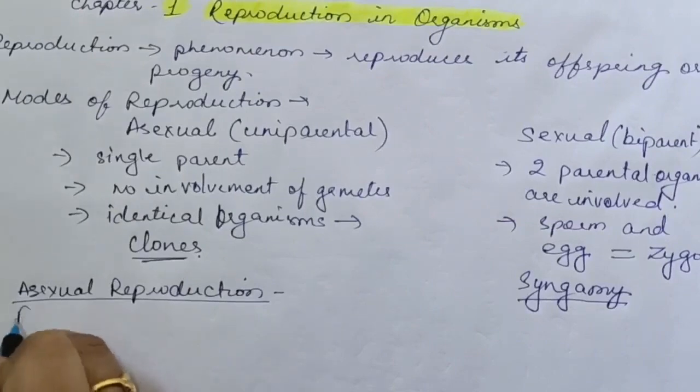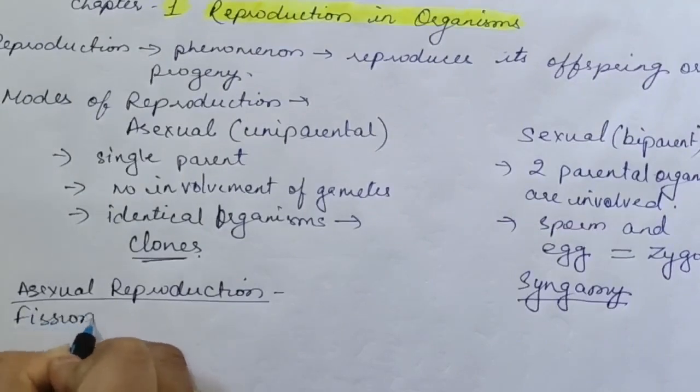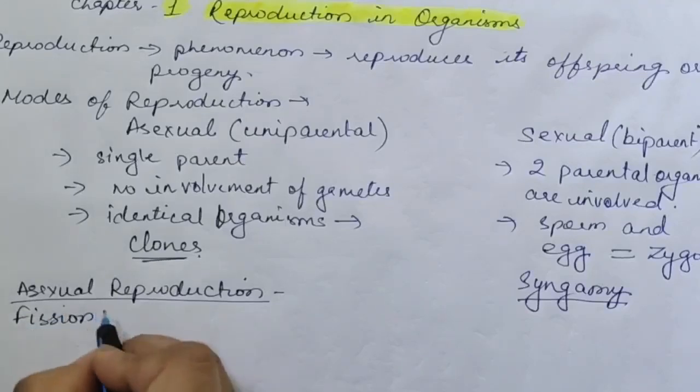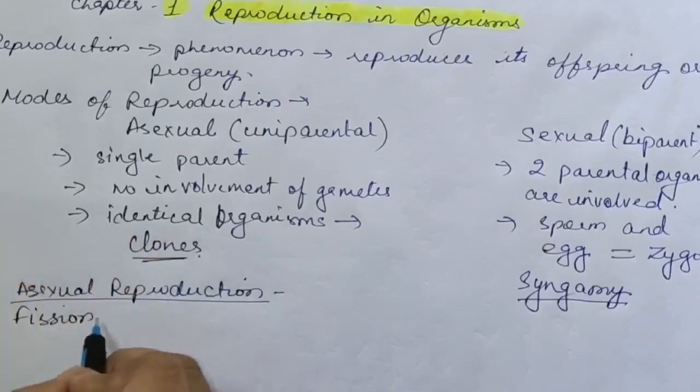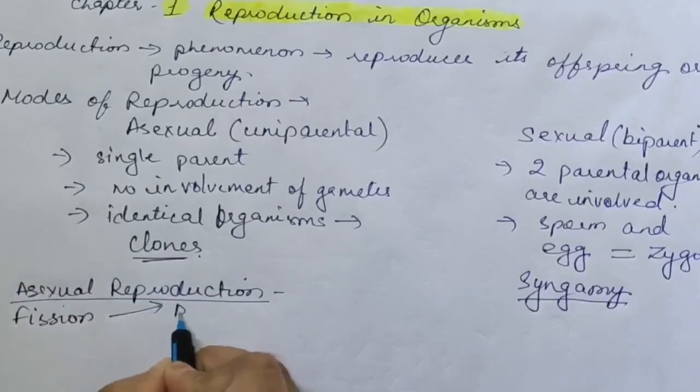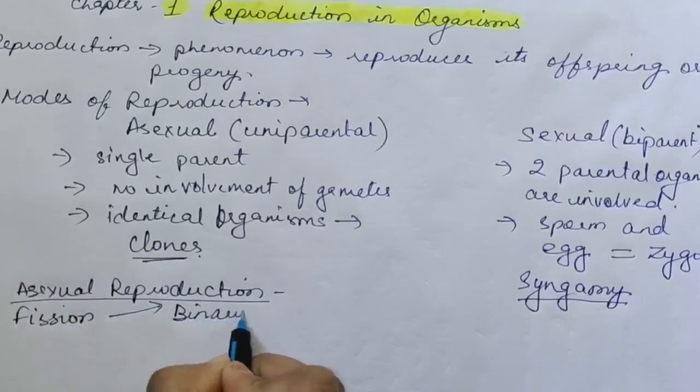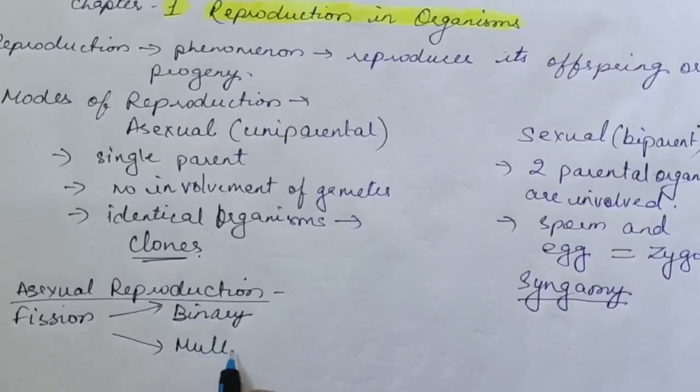First type is fission. What is fission? Fission means splitting. So splitting can occur in two ways. It can be either binary, that means the parental organism splits into two, divides into two, or it can be multiple fission.